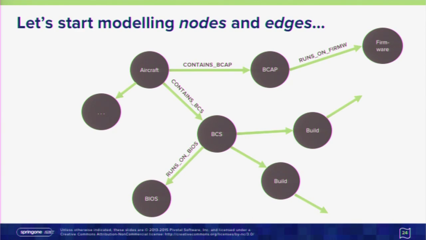We then started the first modeling with our data. And we began, for example, with the aircraft. Is that pointer visible? Yeah. We do have an aircraft. The aircraft contains access points. We call them BC access points. The aircraft also contains a server. The server runs under BIOS.